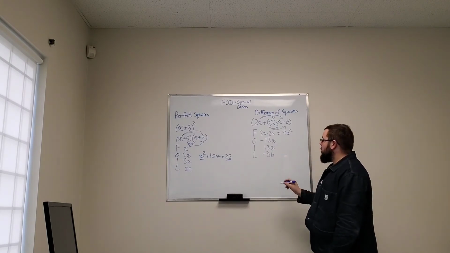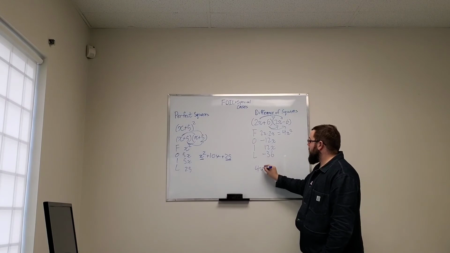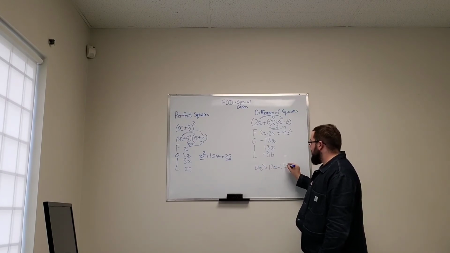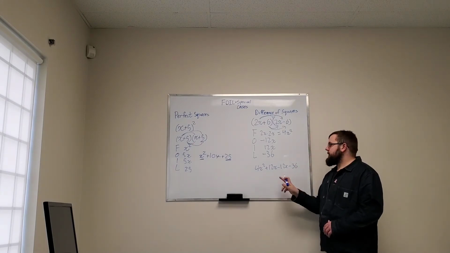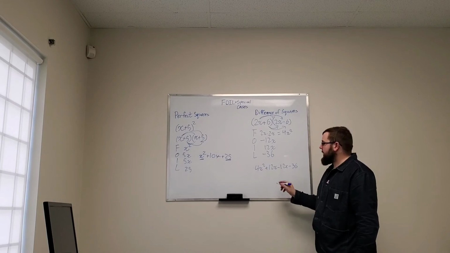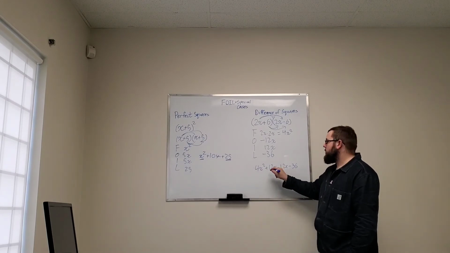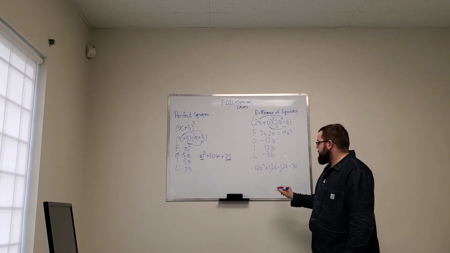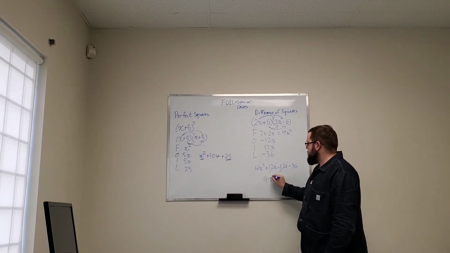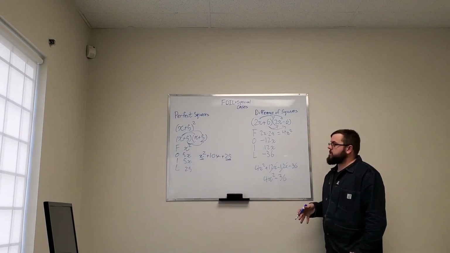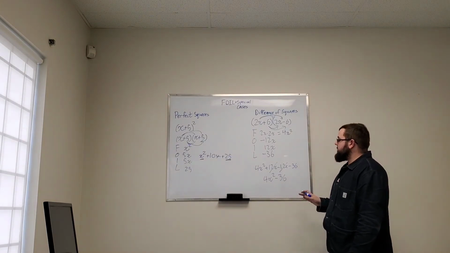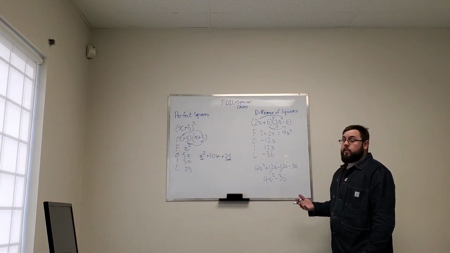So when we piece this whole thing together, 4x squared plus 12x minus 12x minus 36, what we'll see is that the center term cancels out, 12 minus 12. And our final answer is going to be 4x squared minus 36. With this, we also have another shortcut.